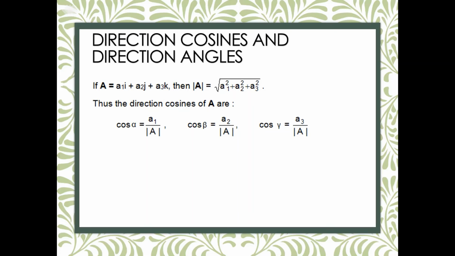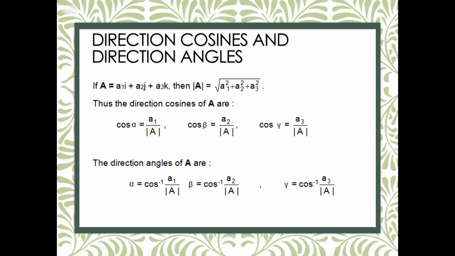If vector A is equal to a1i plus a2j plus a3k, then the magnitude of A is equal to the square root of a1 square plus a2 square plus a3 square. Thus, the direction cosines of A are defined as cos alpha equal to a1 over the magnitude of A, cos beta equal to a2 over the magnitude of A, and cos gamma equal to a3 over the magnitude of A.